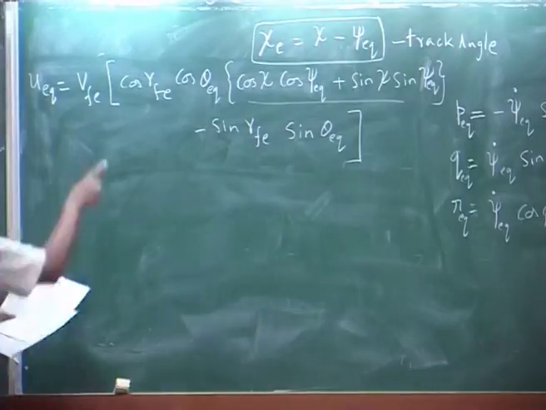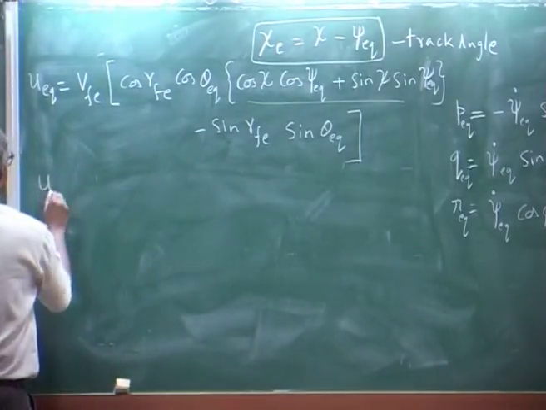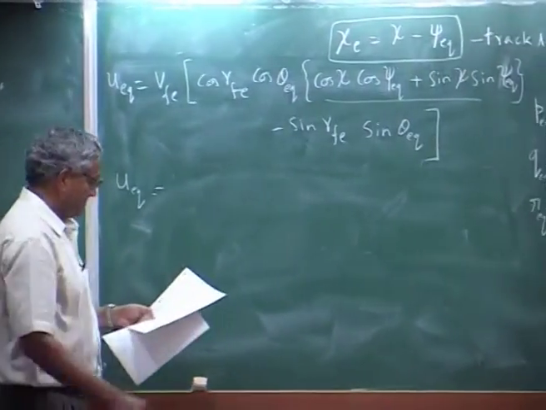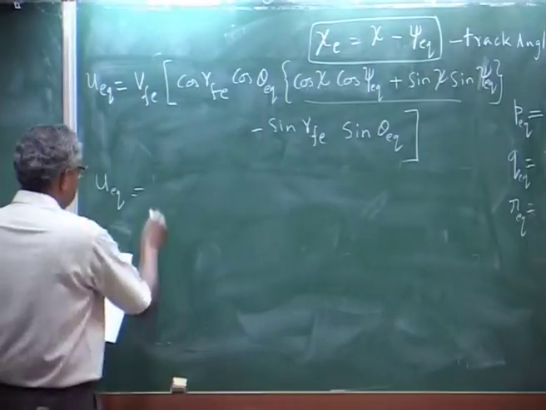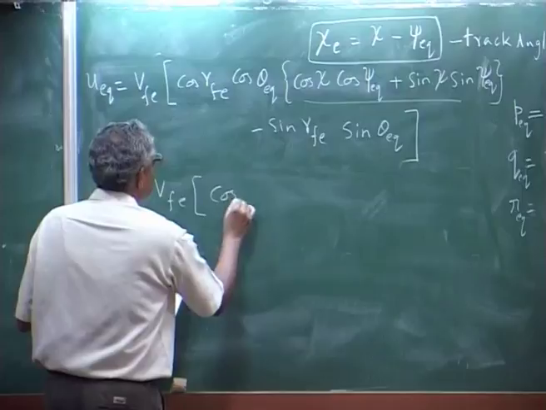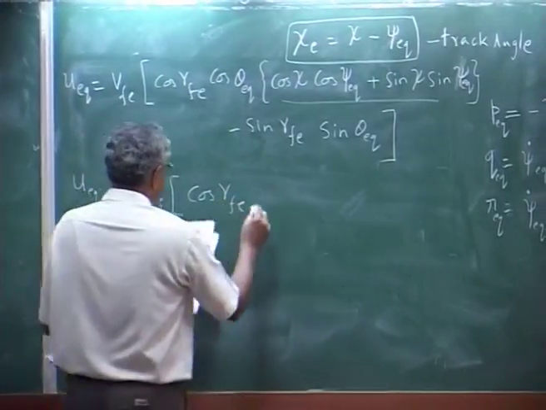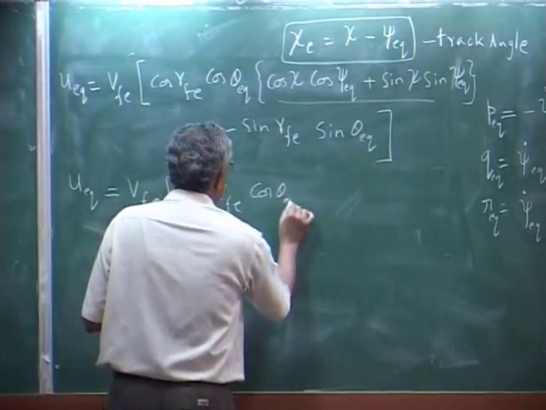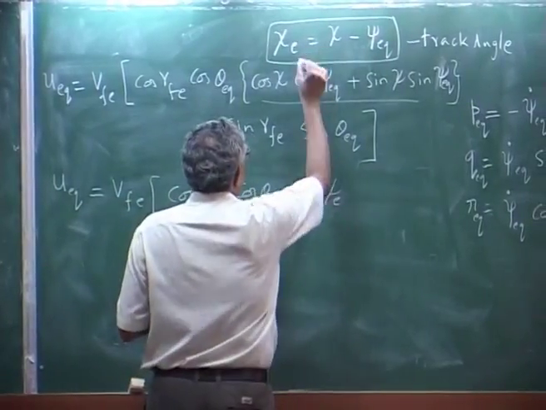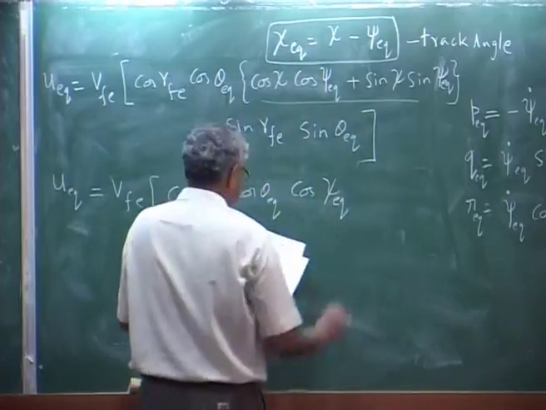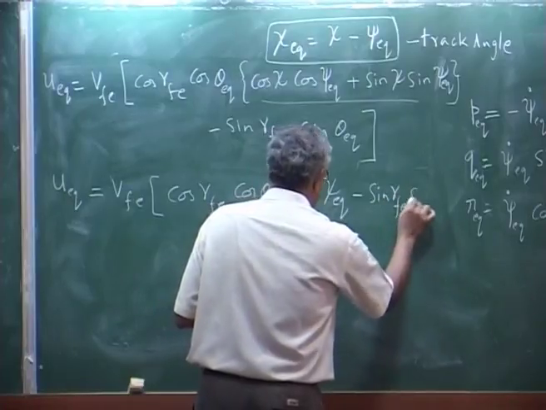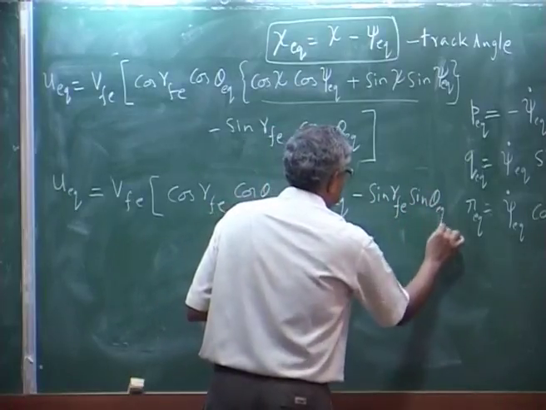Now, if I write my u equilibrium in the body axis system, I will have it in this form: VFE cosine gamma FE cosine theta equilibrium cosine of the track angle, minus sin gamma FE sin theta equilibrium.